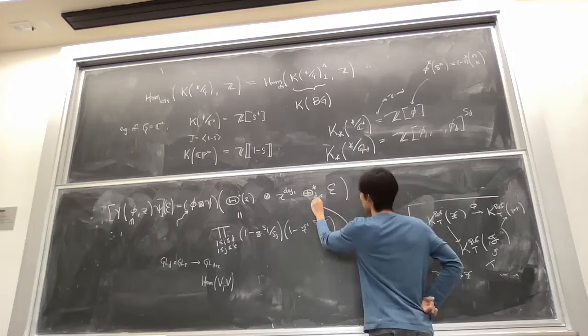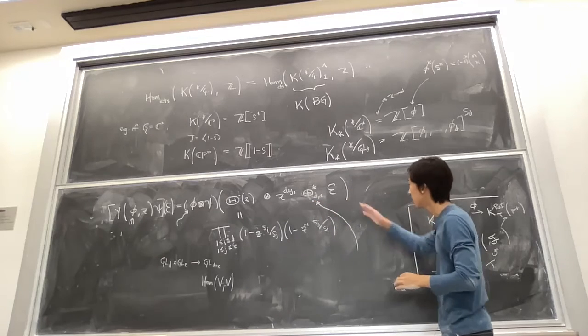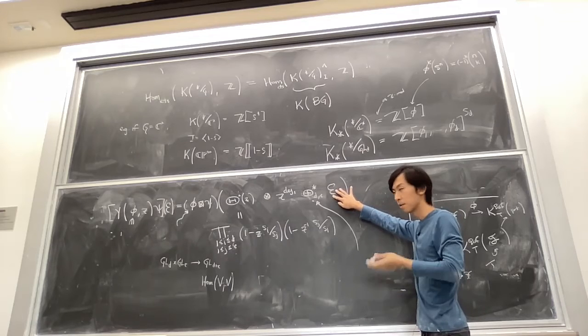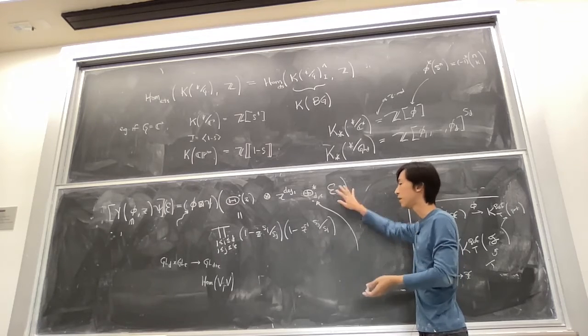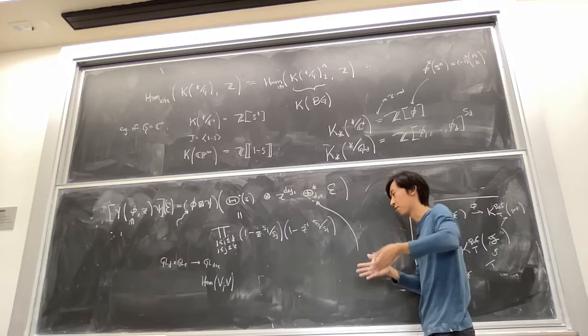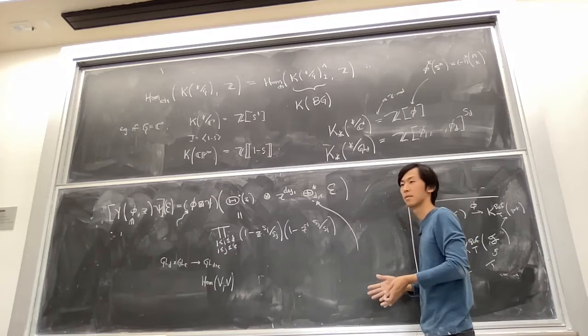And what's this pull back along some? It says you take some symmetric polynomial in d plus e variables, and you treat it as a symmetric polynomial in your first d variables and a symmetric polynomial in your last e variables.